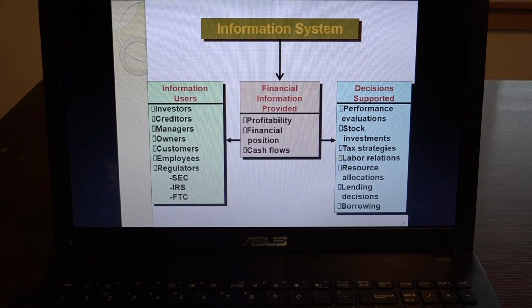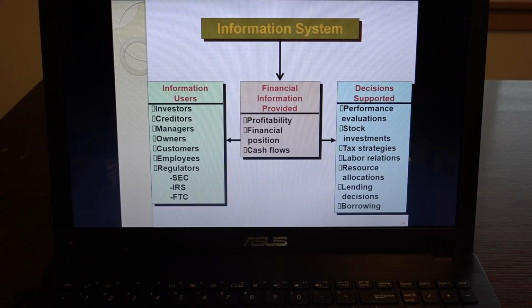Potential investors, investors who are not employees, managers, directors, suppliers, regulators, creditors, potential investors, all that. These are people who do not run the company, not involved with day-to-day operations.